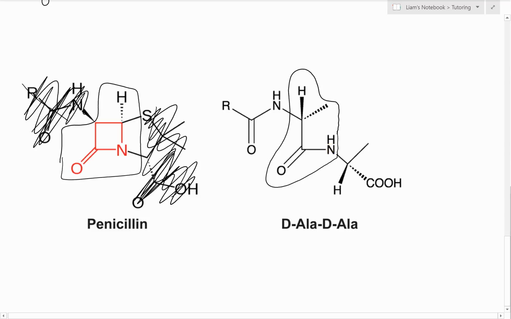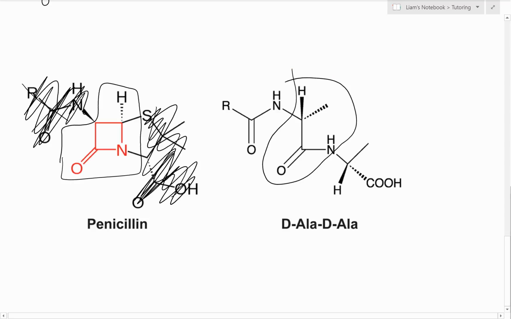So you've got the nitrogen connected to a carbonyl group coming up to this R group, which can vary. And then really the only thing that differs here is that the beta-lactam has got an extra carbon in here, forming that kind of arrangement. That's the only thing that differs, right?